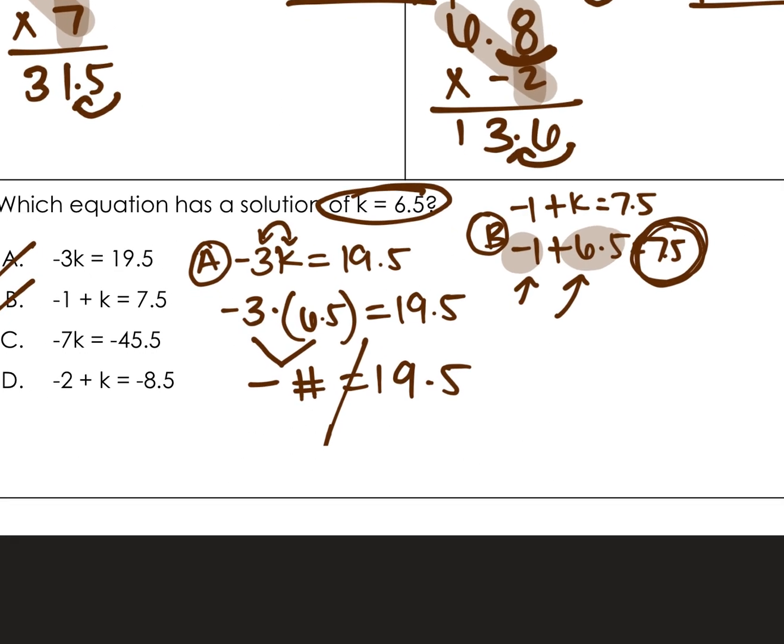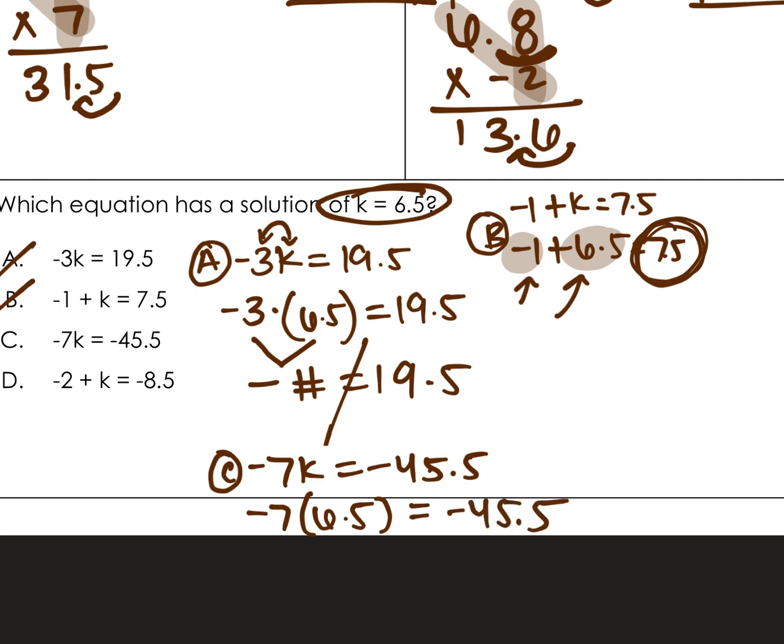Let's talk about C. I have -7k, and it should equal -45.5. Okay, well, -7 times 6.5 equals -45.5. Let's check if that's true. So obviously a negative times a positive is going to get me a negative, so I can't really eliminate this one.